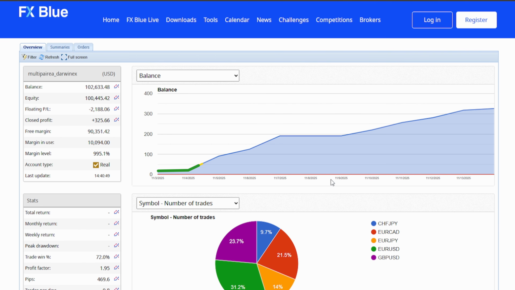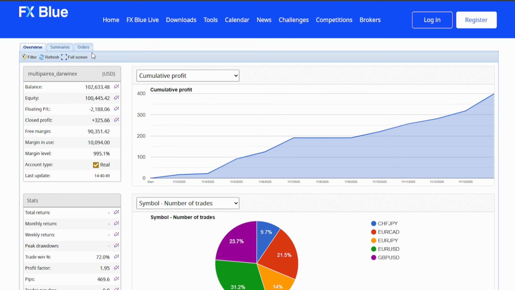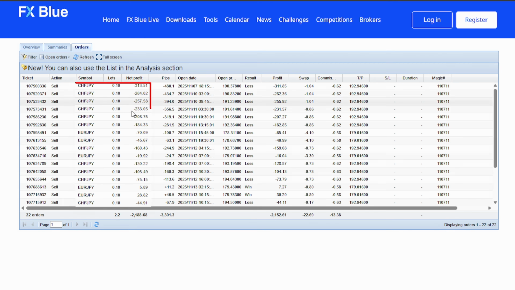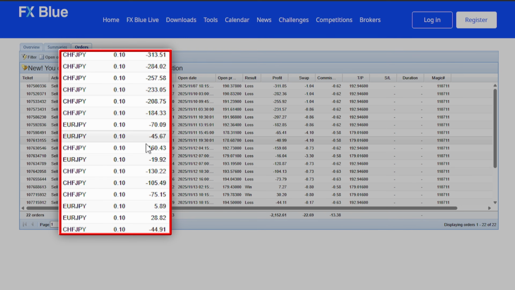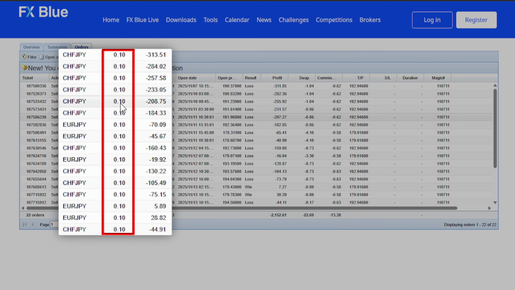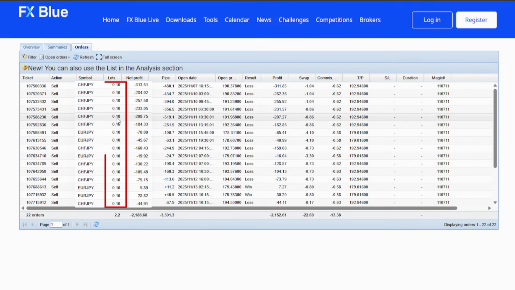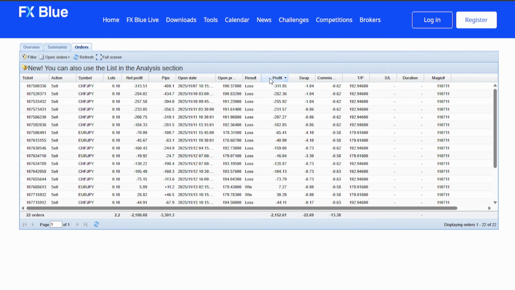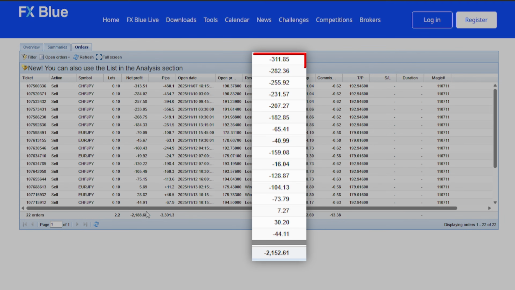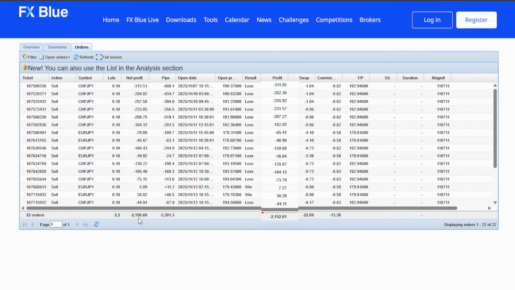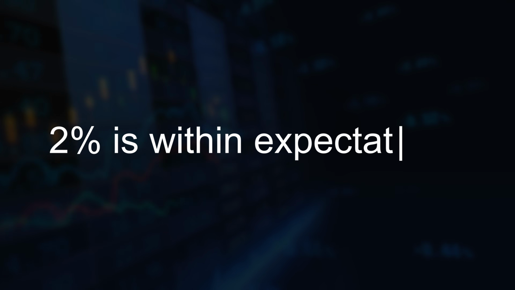I want to show a track record where we are trading it on $100,000, and you can see that the open trades are still in there. Here we are trading with 0.1 lot on 100k, which is much more reasonable, and we have a floating loss of just 2,000, which is just 2%. So that's just within the backtest expectations.